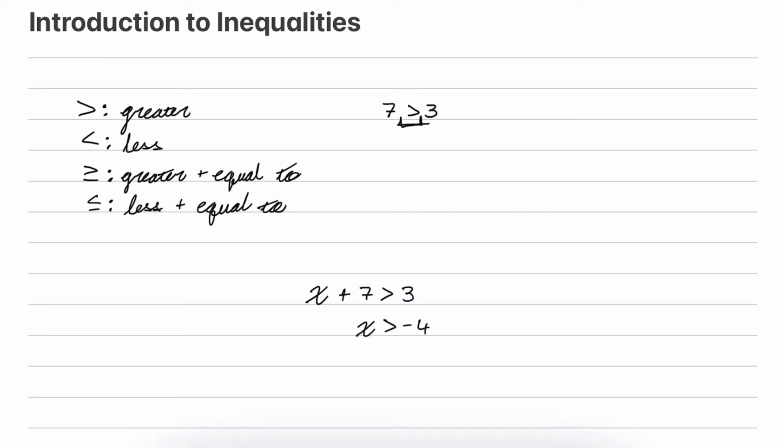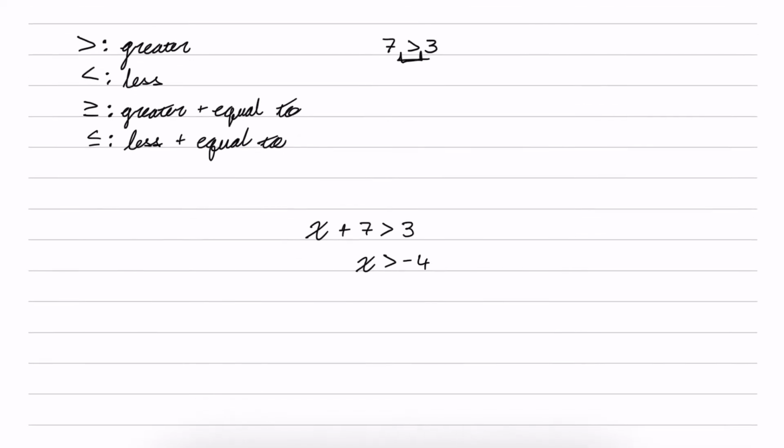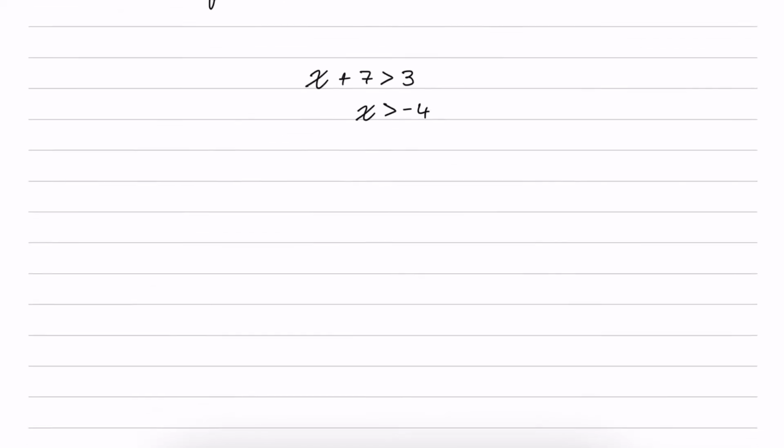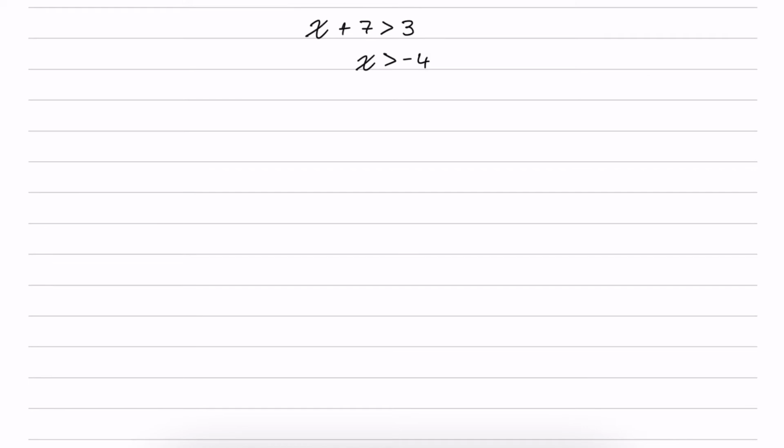However, there is a rule when using inequalities that is different when manipulating equalities. For instance, let's take a very simple equation. Negative 3x is greater than 9.